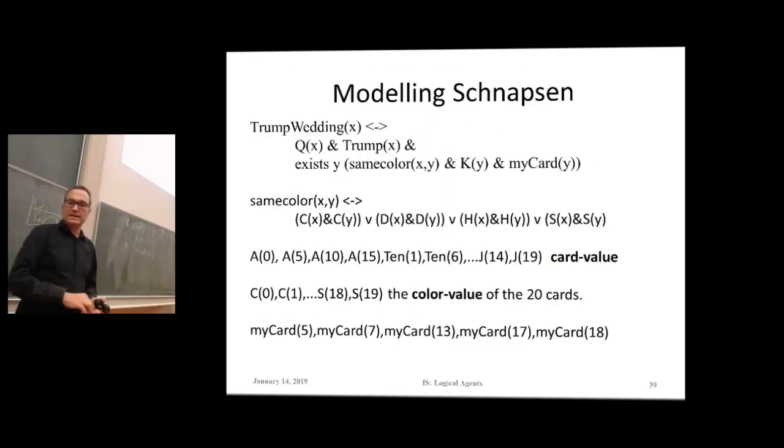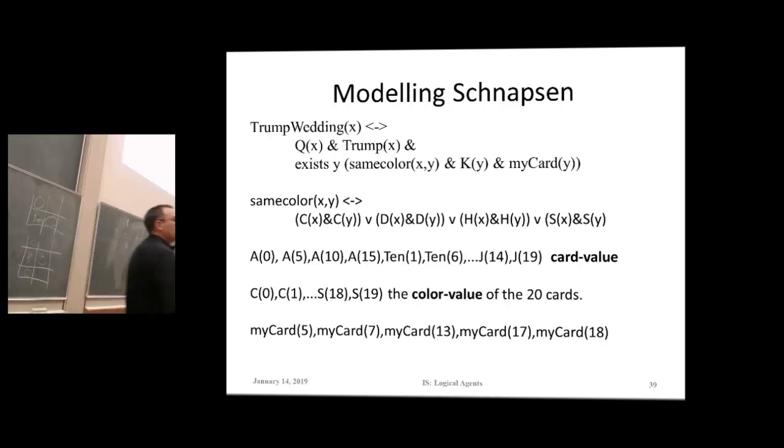And if we now move to the Schnapsen, then basically we have a very similar situation. And I've written down a rule here for a trump wedding played on one specific card. And that can be played if the specific card is a queen, and if it's trumped, and if there exists something with the same color, which is a king, and which is on my hand. So that's one way of saying, okay, I can now play a trump wedding. These are the constraints for me to play a trump wedding.